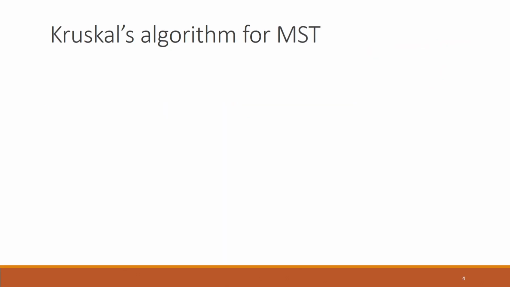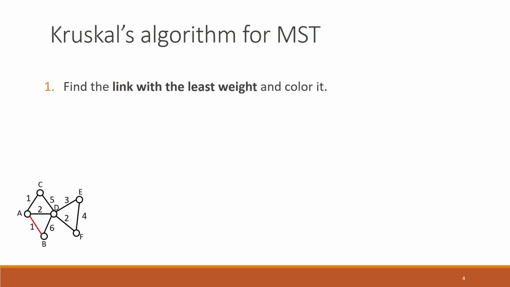So now let us look at some algorithms for solving the minimum spanning tree. Kruskal's algorithm is one of the most famous algorithms to solve the minimum spanning tree. So let us see how it goes about solving the problem. It first finds the link that has the least weight and then it colors it. Here in this example we have two candidates for the least weight.